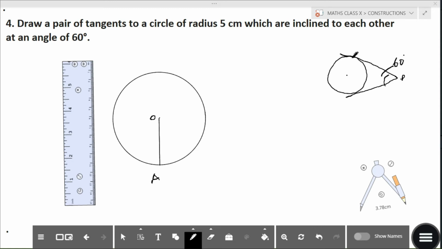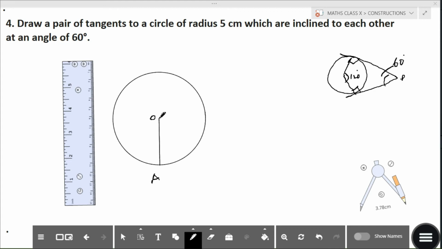If we join this, it becomes the radius, this also becomes the radius, and by property this will be 90 degrees, this will be 90 degrees, and this is a quadrilateral. So this is 60 degrees, so definitely here it will become 120 degrees. So we use this concept to construct the tangents. If we construct 120 degrees here, this will automatically become 60 degrees.